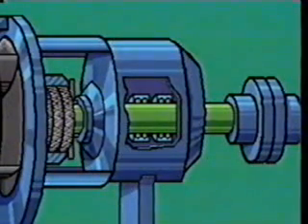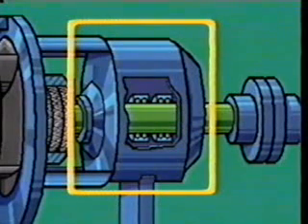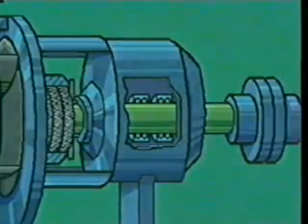Now to bearings. They support the shaft and reduce friction as it rotates in the casing. They do even more. They control the forward and backward movement, the thrust of the shaft, as well as the shaft side-to-side or radial movement. That keeps the shaft from rubbing against the pump casing.